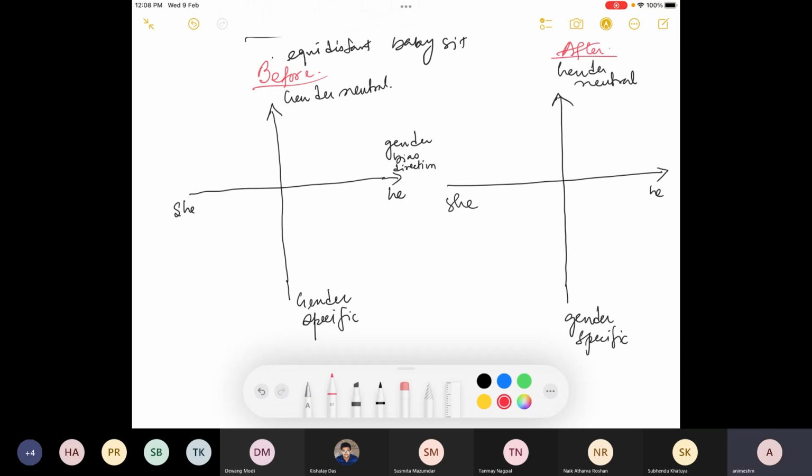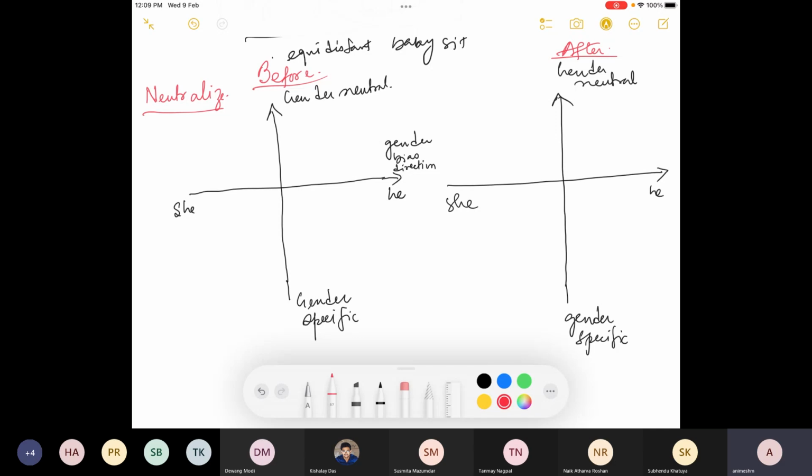So if you recall, one of the steps of the algorithm, the first step of the algorithm was to neutralize. After you have computed the gender subspace, the first step was to neutralize. Now, what does this step neutralize mean?